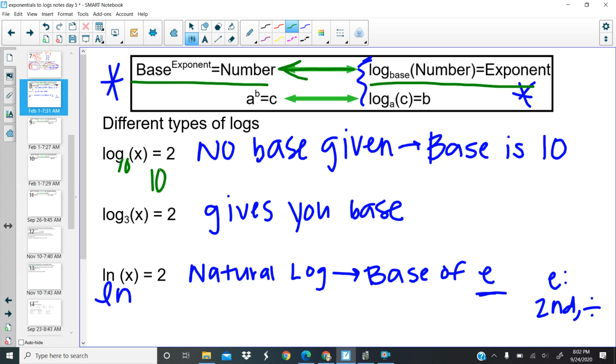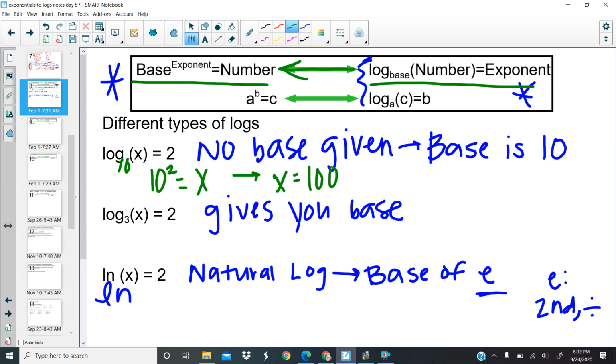The next thing I need is my exponent, which is the number that's on the other side, which is 2. And then I just need the number on the inside, which in this case is x. And so then that gives us x equals 10 squared, so x is going to equal 100.